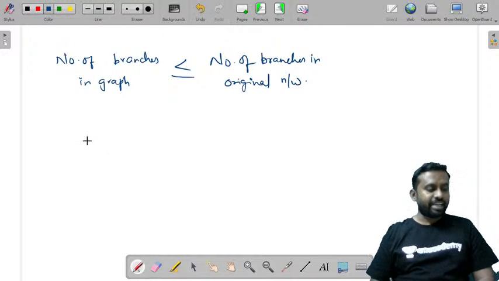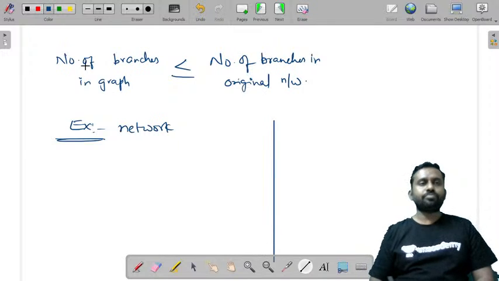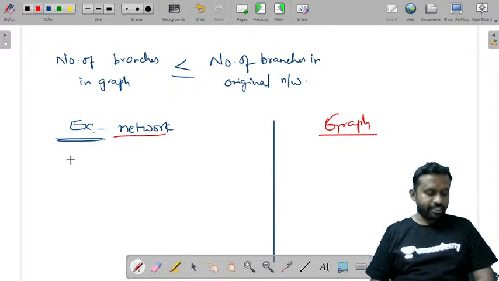Let us say you have a graph like this. Let me take one network and I'll try to draw its graph. Let us consider this network.